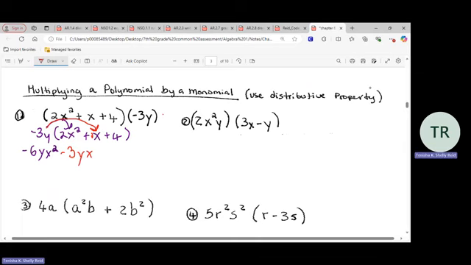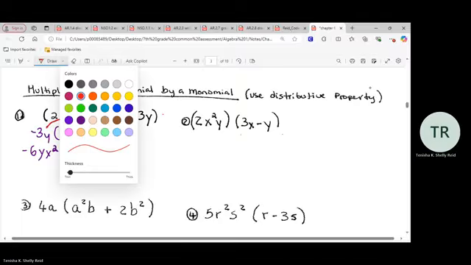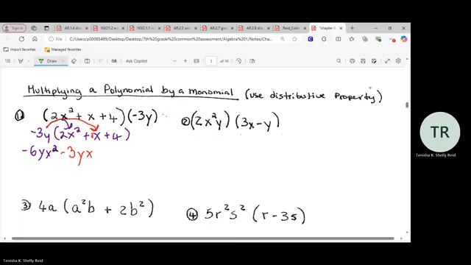So this becomes negative 3yx. I'm going to do it again. It's going to be the monomial times that last one in there, which is a 4. Numbers first. Negative 3 times 4 is going to give me negative 12. And y, no more y's in here, it's just y.